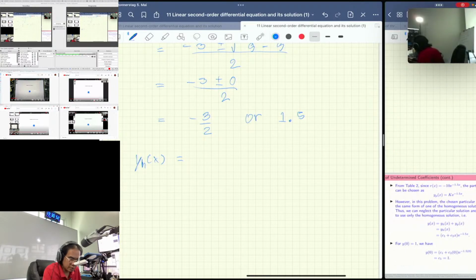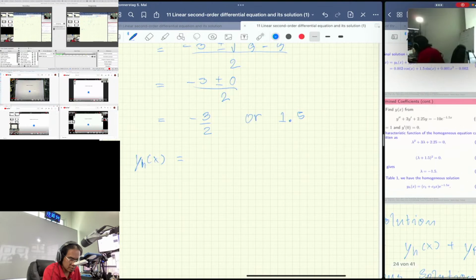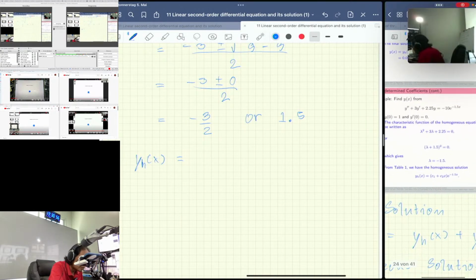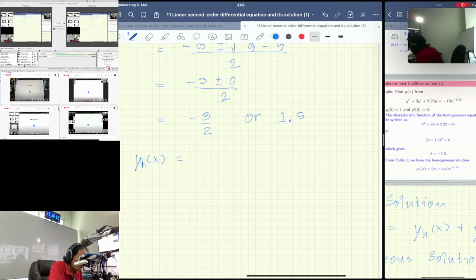They use C1, C2, okay. Of course, it's gonna be C1 exponential of minus 3 by 2x, plus C2, and you have to add another x, so you have to get here x exponential minus 3 by 2 x.